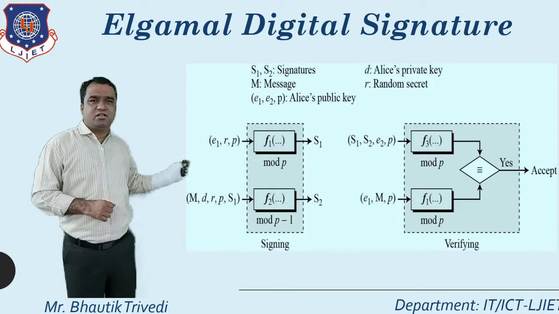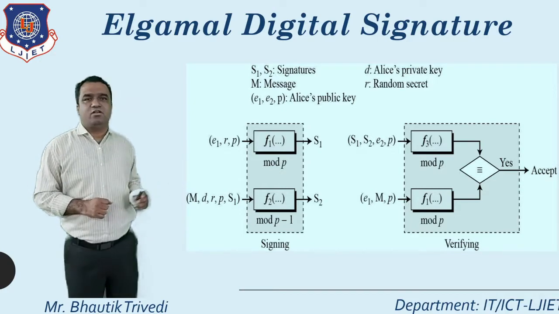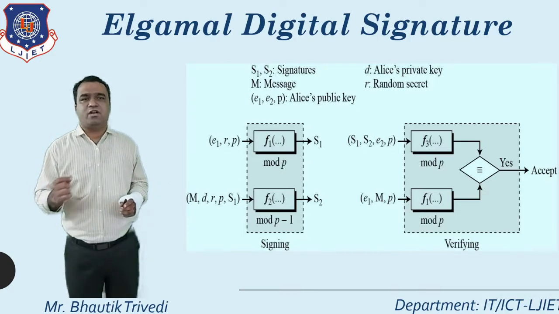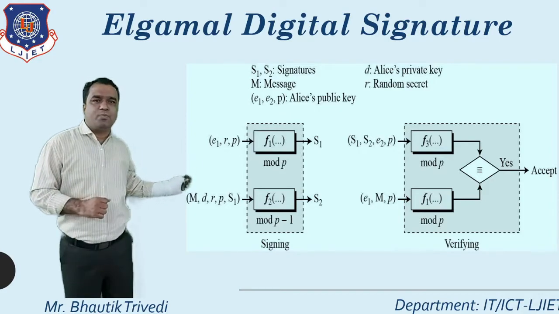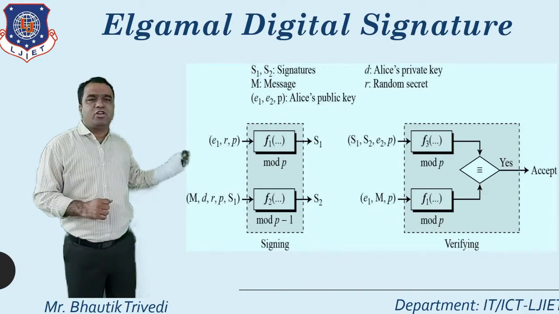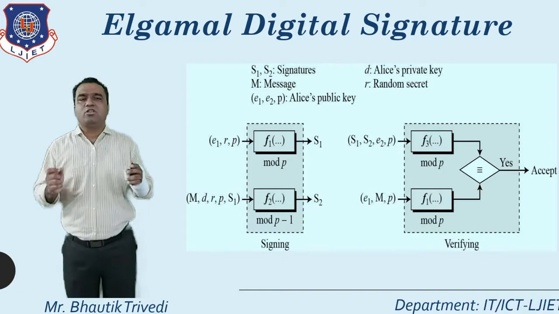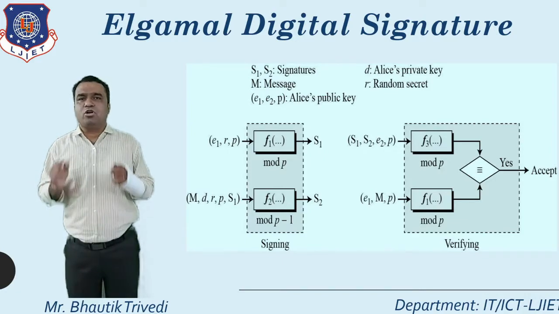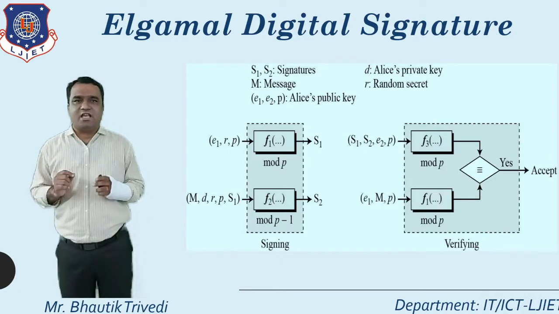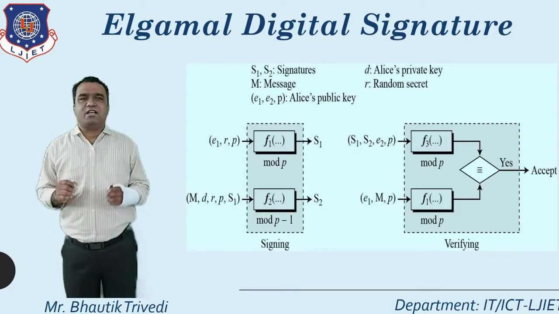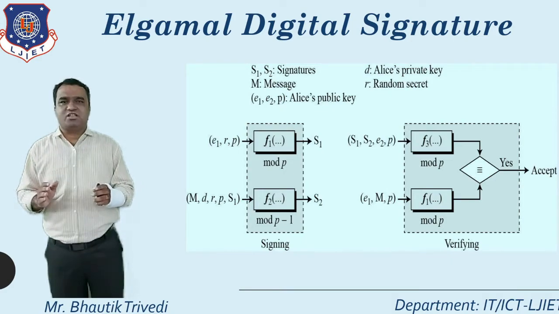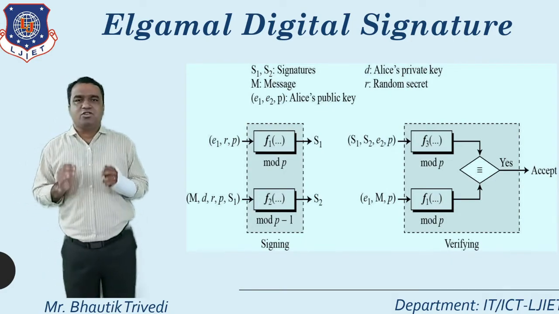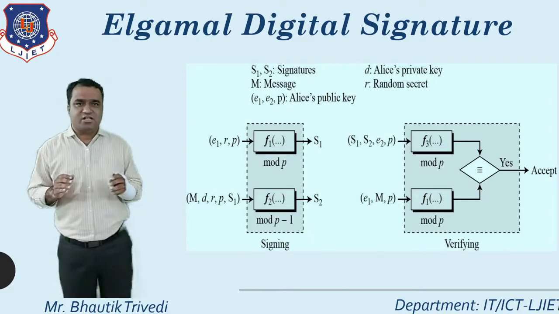Using F1, you pass M, E1 and P, apply the mod P operation, and then compare both outputs. If both outputs remain the same, you accept the message, meaning this is a valid signature.